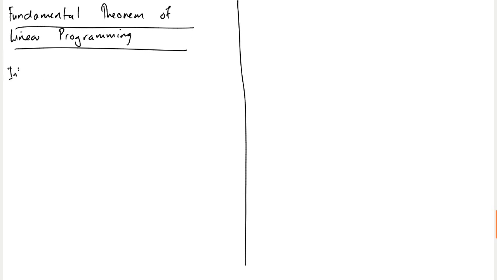Our intuition says our feasible region has vertices where a number of constraint boundaries intersect.